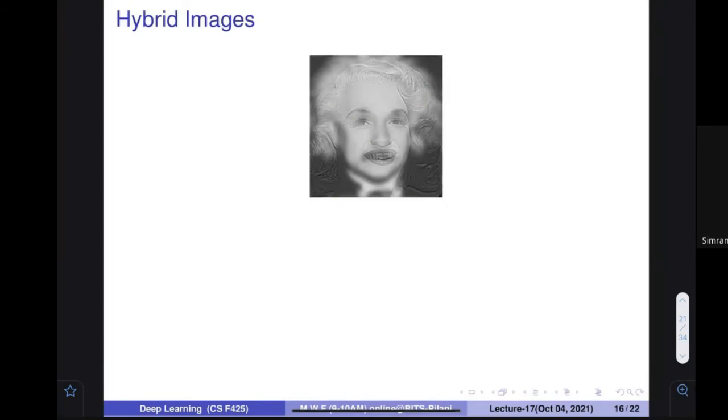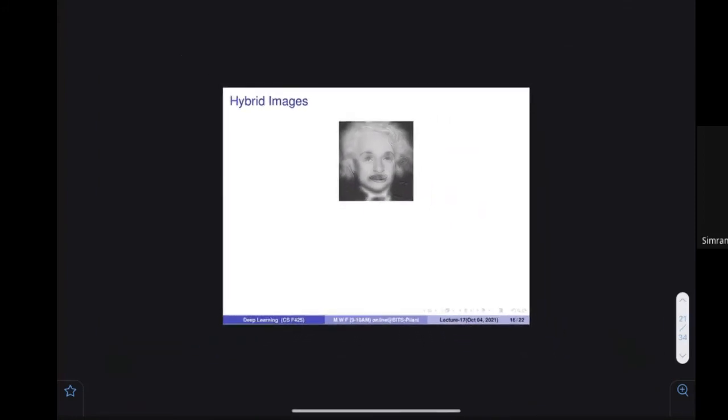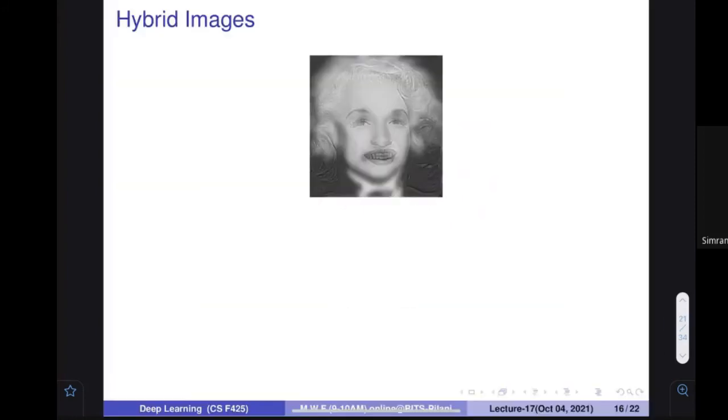It is a very interesting thing that today I want to tell you here. Can you tell me who this lady is? Who is in the image? Einstein. Okay, very good. See closer. Who is she?